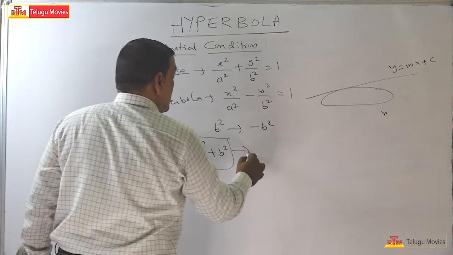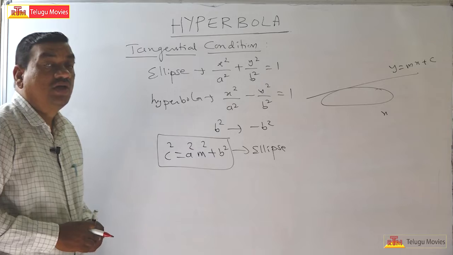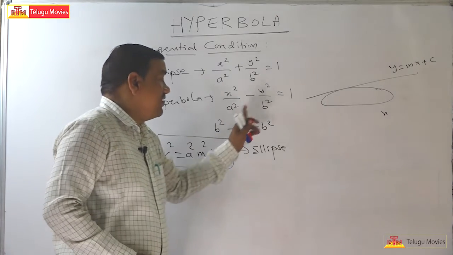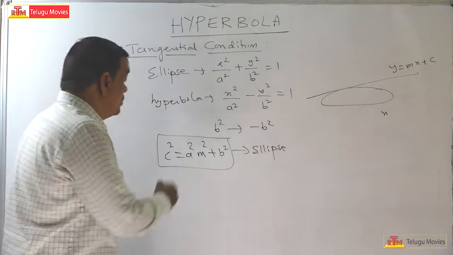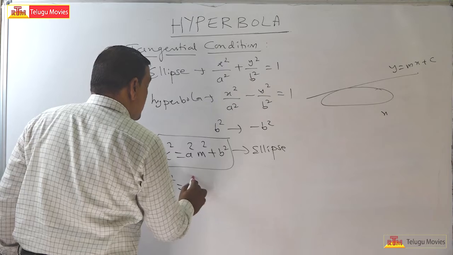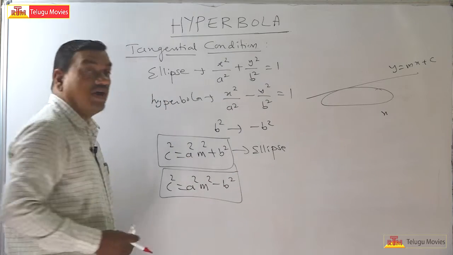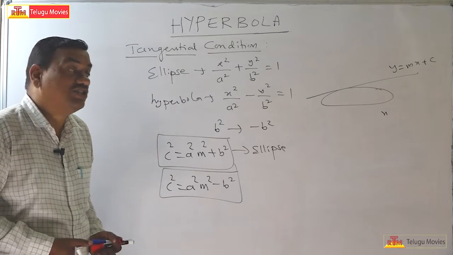This is for the ellipse. Already we derived it. To get it for the hyperbola, wherever b square is there, substitute minus b square. That is all. So here c square is equal to a square m square minus b square. This is the tangential condition.